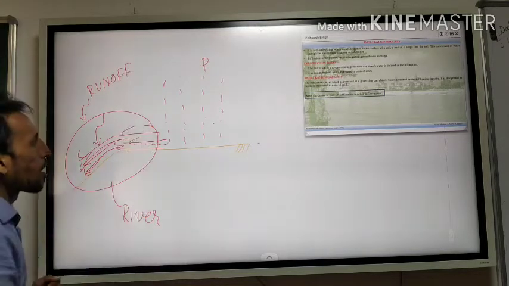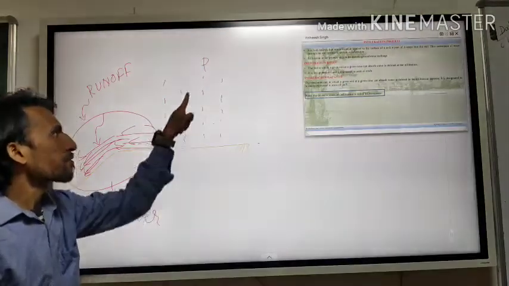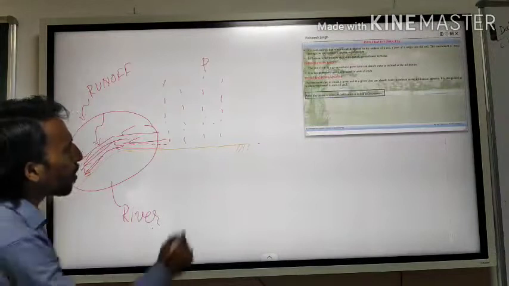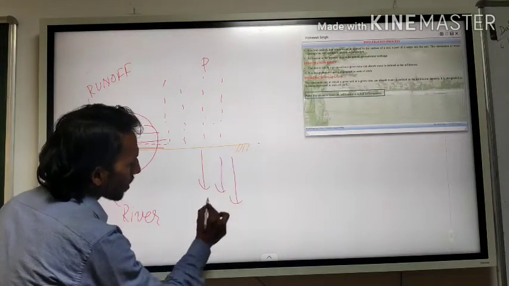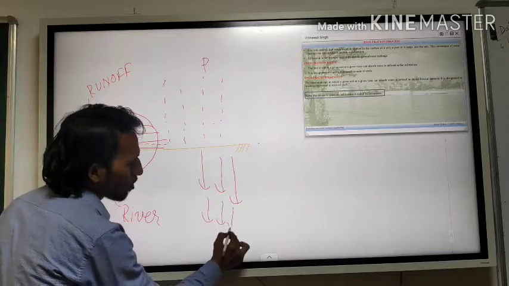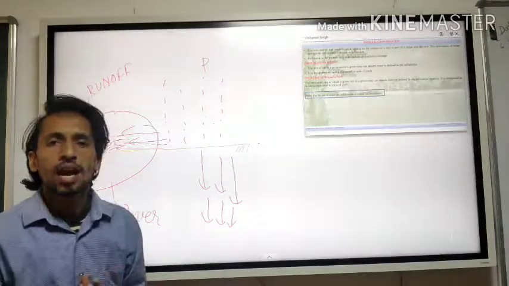Out of the total water which is coming from the atmosphere, some of the water will be absorbed by the ground. Some water will go inside the earth.